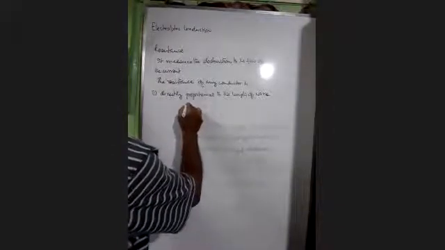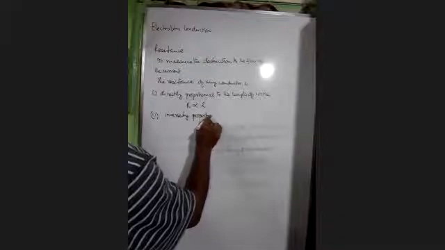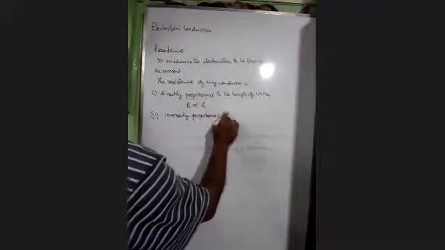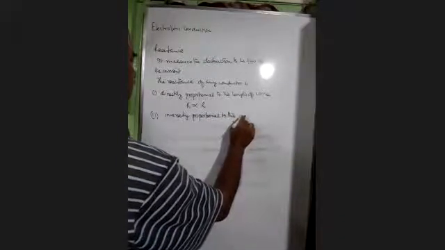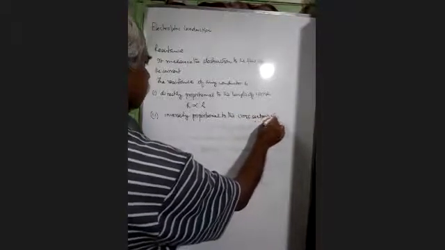So I can write here R is directly proportional to L. And second, inversely proportional to the cross section area A. For that, physics is not required here.